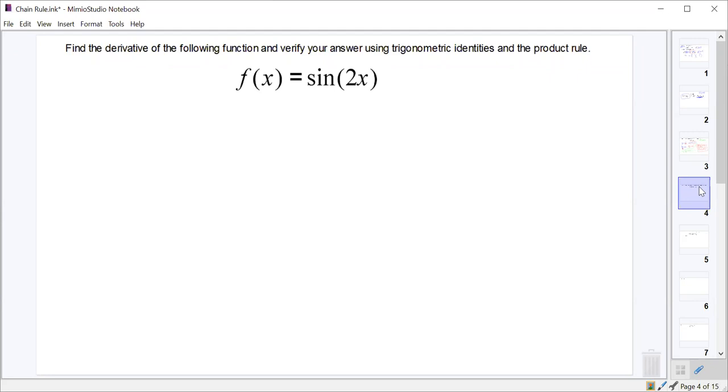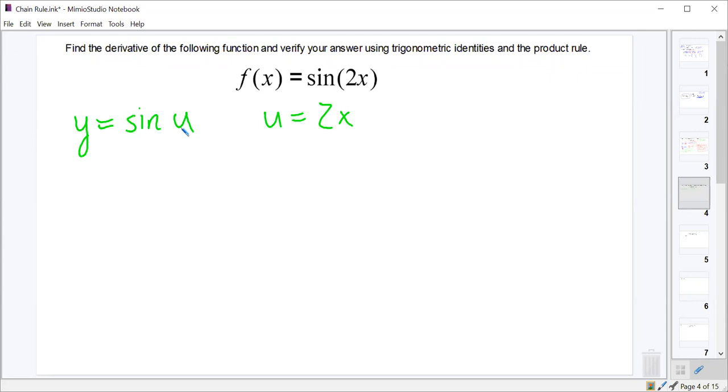So f of x equals sine 2x could be written as y equals the sine of what? How about sine of u, with u equal to that innermost function, 2x, where if we were to substitute the u value in, we'd end up with our original function. Everybody good with breaking that down into that composition of two different functions?